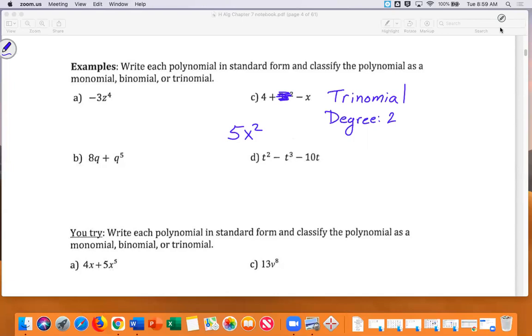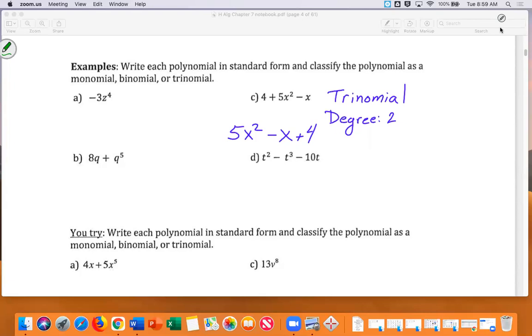We know 4 has an exponent of 0 and the x has an exponent of 1. So the x is going to come next. So 5x squared minus x, because I bring with me the sign in front of it, and the last bit is plus 4. Dan, do you see how I wrote that? All right, we're going to come back to the leading coefficient after we go through all of this. So let's go to D. Tristan, how many terms do we have?